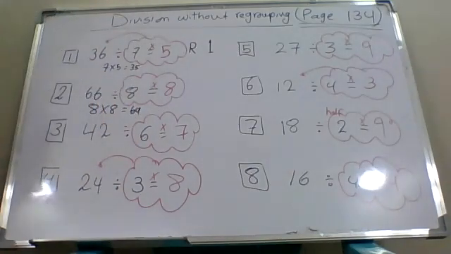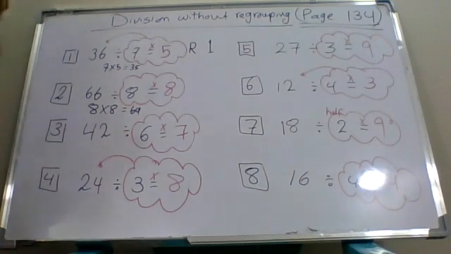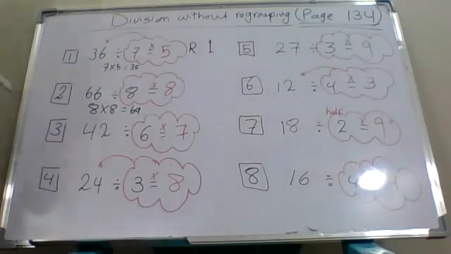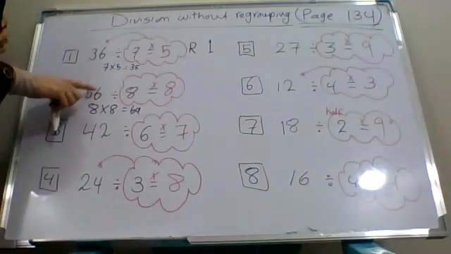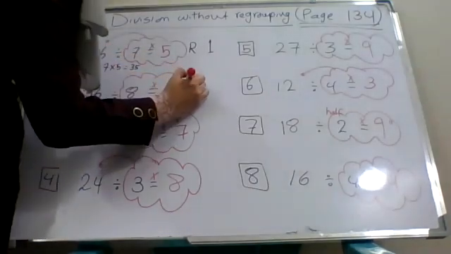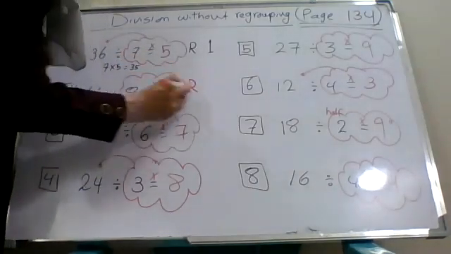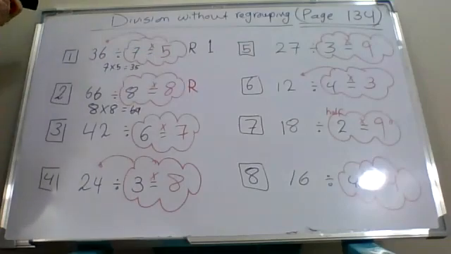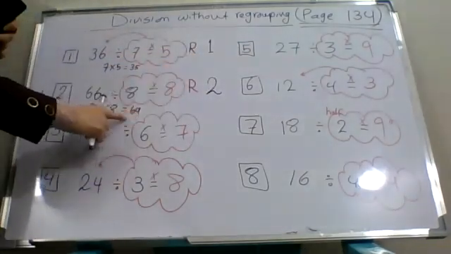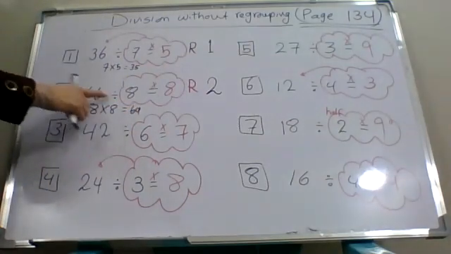And I have here a bigger number. I have 64, and the difference between them is 2. And the difference, we call it again what? The remainder. So we call it R as a remainder, and we write 2. So I have 64, and I have 2 more.